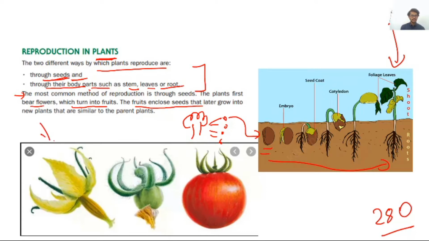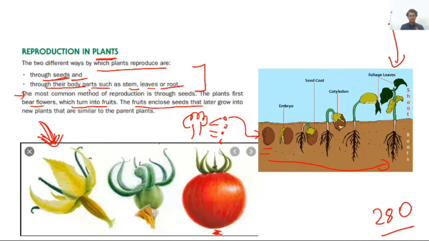Suppose this is a tomato. Look at this tomato. So how do we get a tomato? A tomato plant will first produce flowers. It will first bear flowers.